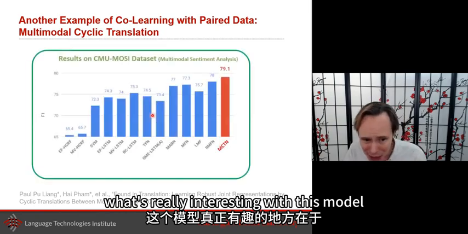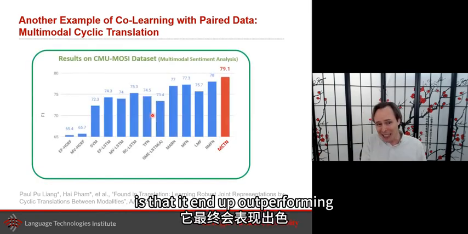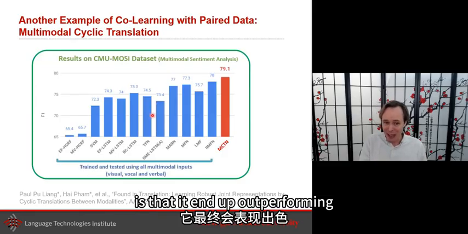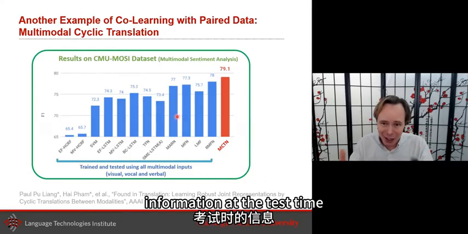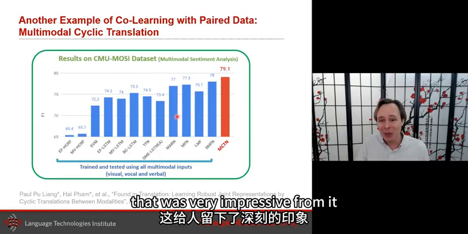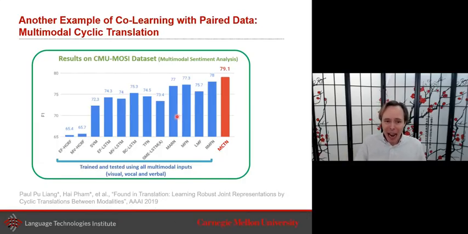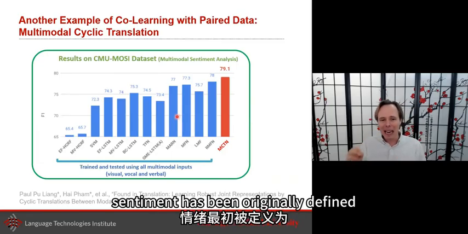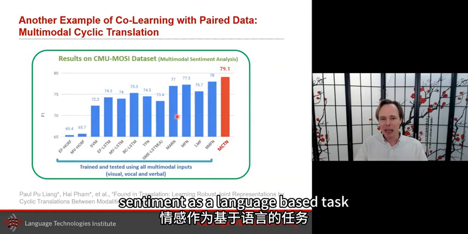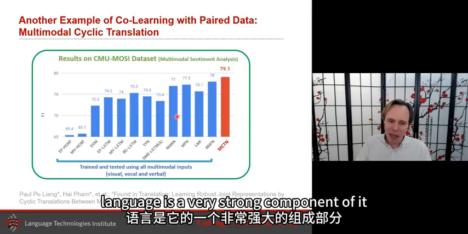What's really interesting with this model is that it ended up outperforming many of the other models that also use multimodal information at test time. That was very impressive. I think it is possible primarily because sentiment analysis was originally defined as a language-based task, and we know that language is a very strong component of it.